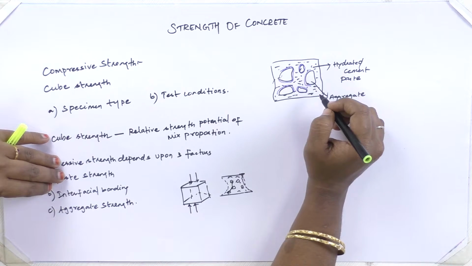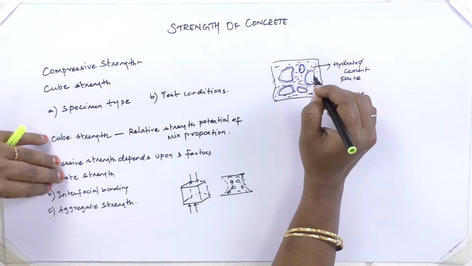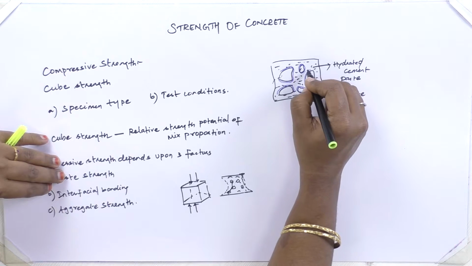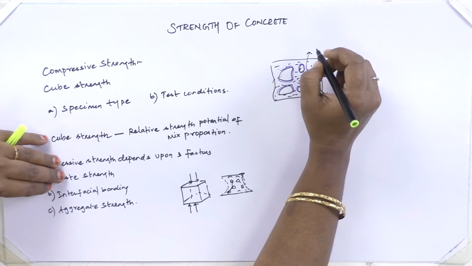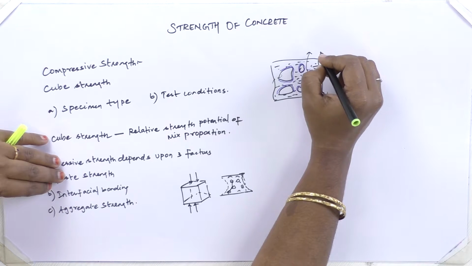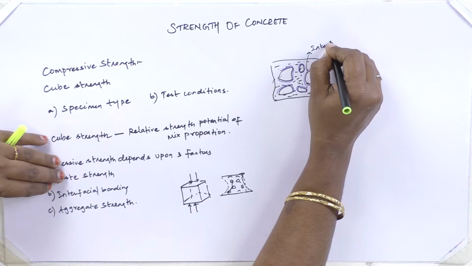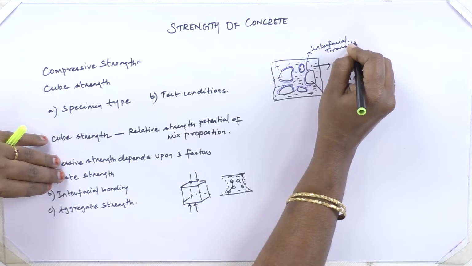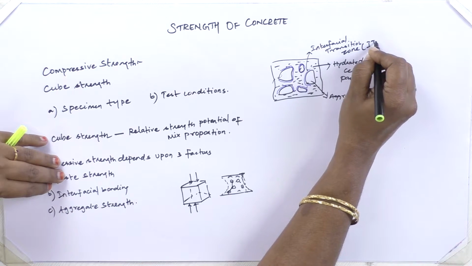And there will be a boundary between the paste and the aggregate, and that is called the interfacial transition zone, ITZ.